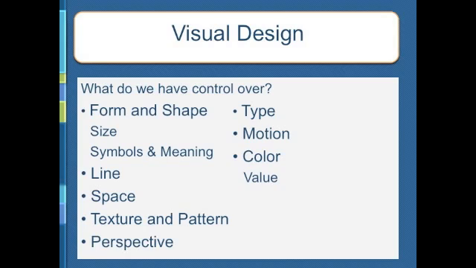We also have type, which we can focus on. We'll spend a class specifically on that, as well as color. Now with color, we also have this idea of value, which has to do with brightness of tone or lightness of tone. One thing that we're not going to be getting into is motion. It's a little bit beyond the scope of this class, but it does affect the way we interpret images visually very strongly.